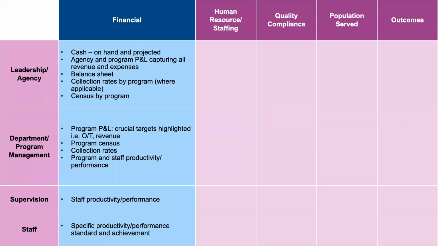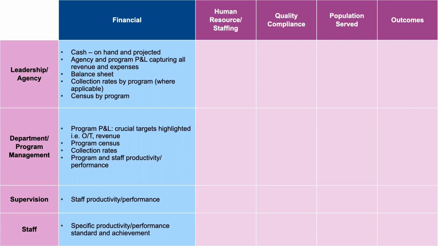Looking at a little bit more detail, each of these areas has data that should be available in order to be able to manage an agency effectively. If you look at the financial domain, you can see that the data that's required is different at a leadership level than it is for staff.